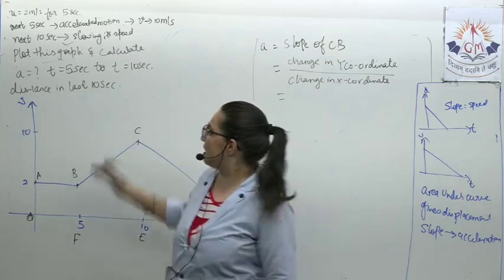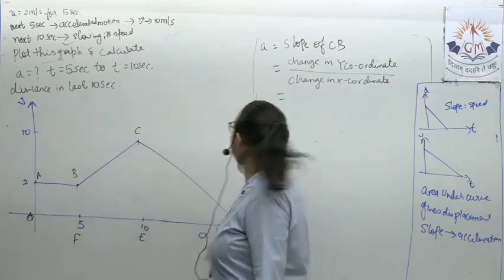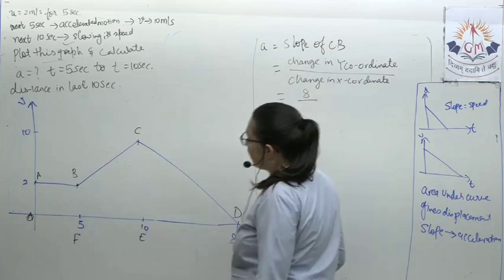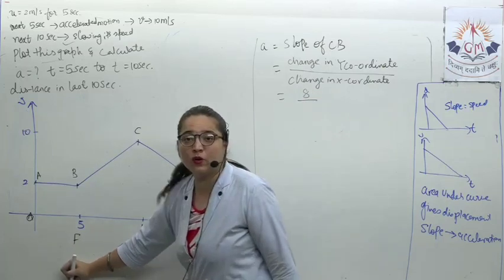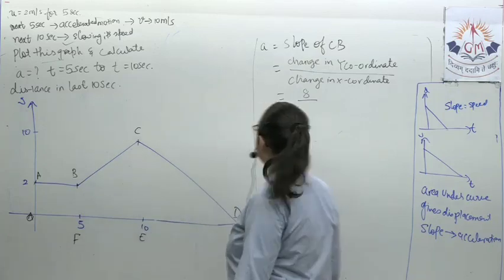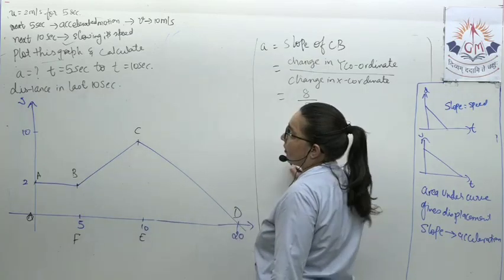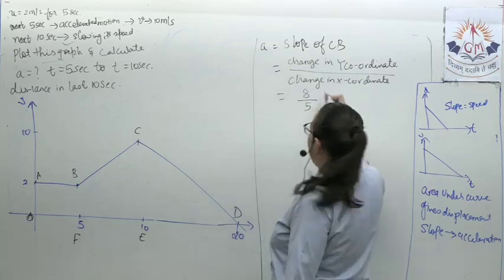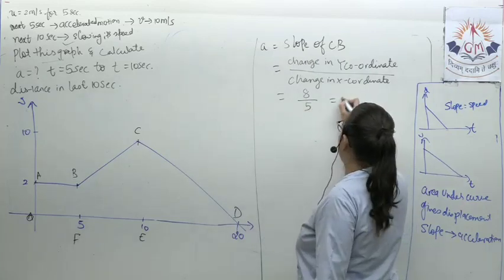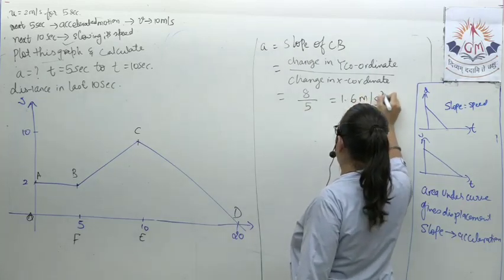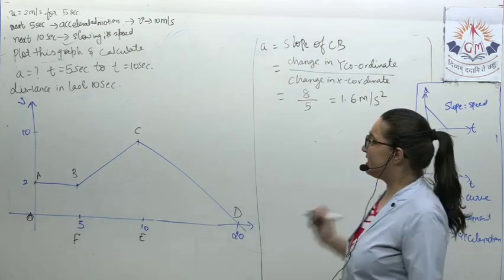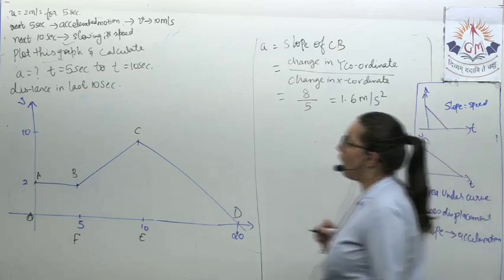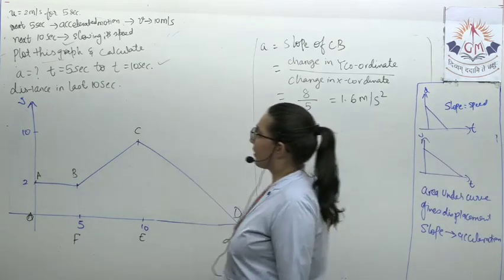Final minus initial, 10 minus 2, that is 8. What is the change in time? Final minus initial time, from t equal to 10 to t equal to 5. So it's 10 minus 5, which is 5. What is 8 by 5? It's 1.6 meter per second square. This is how we got the acceleration.